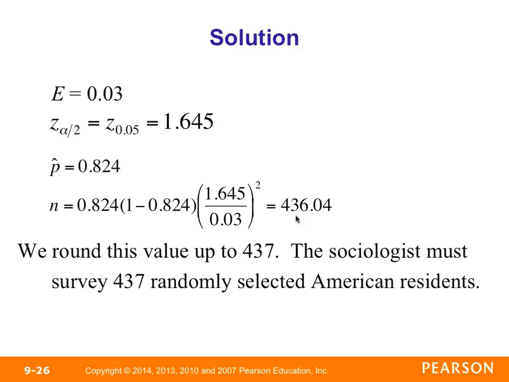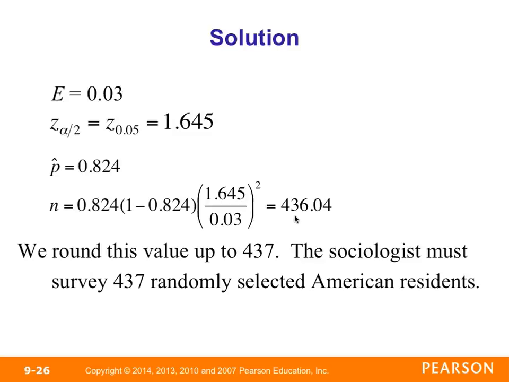Even though you would typically follow your rounding rules and get 436, that's not the case when you're calculating sample size. You always have to round the value up so that you have a large enough sample. If we took only a sample of 436 people, we would not quite meet the requirements that were asked.